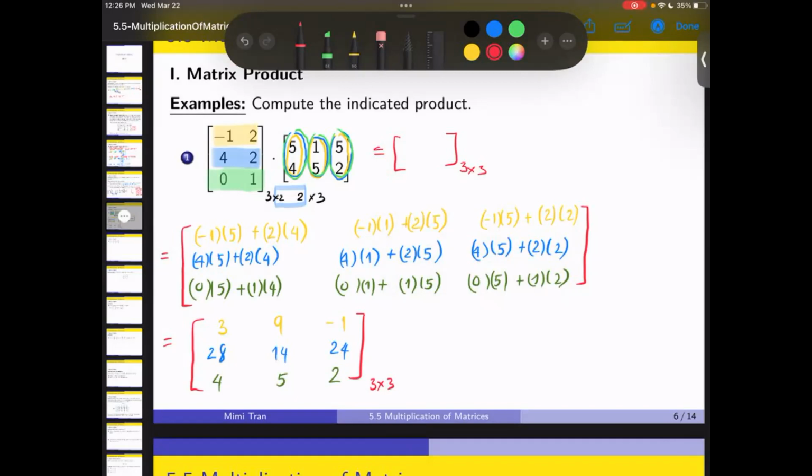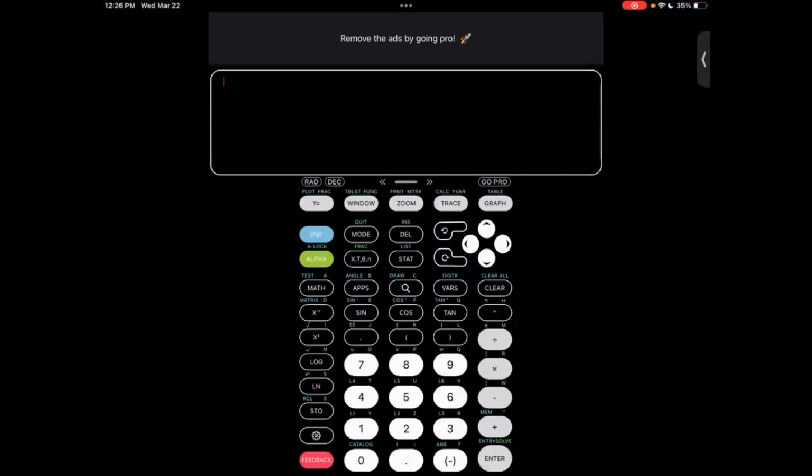Then you have to do that by hand, right? On the calculator, matrix A is 3 by 2.